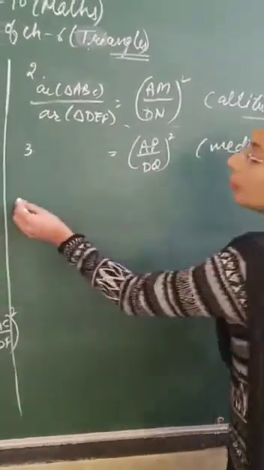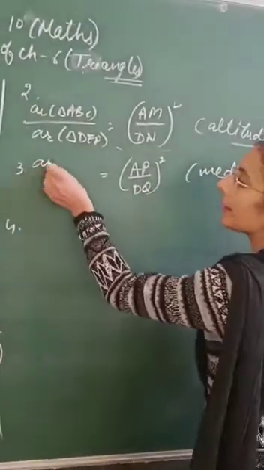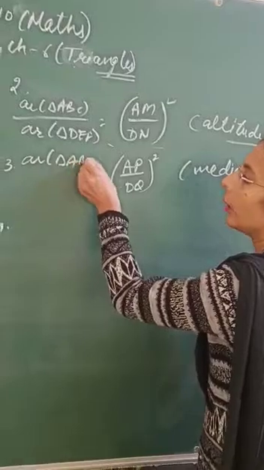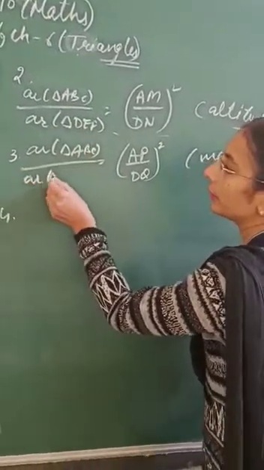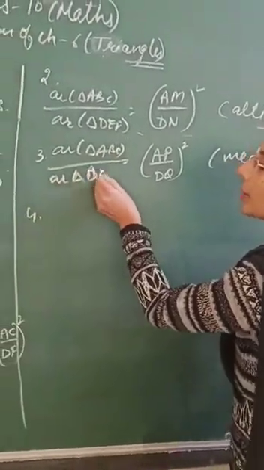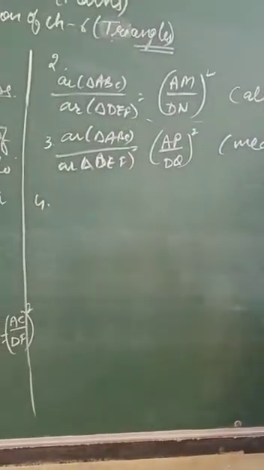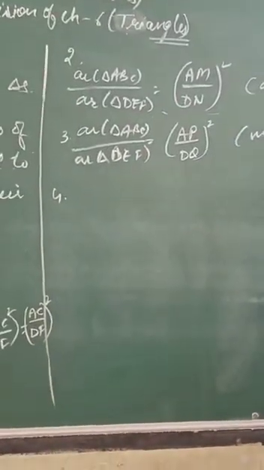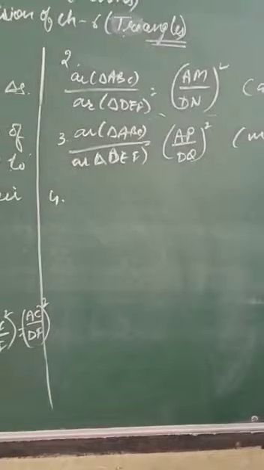The next concept is the same for the ratio of the areas of the triangles. These concepts can be used in MCQ-form questions. And one more is the angle bisector.